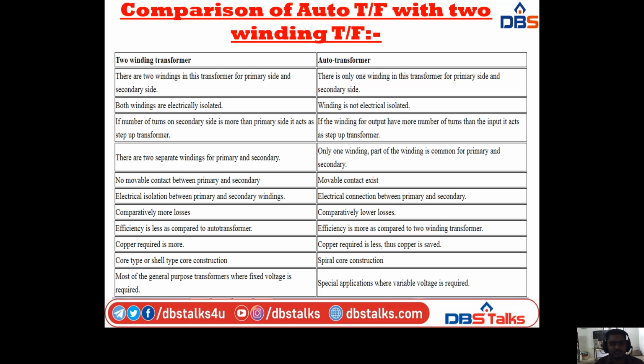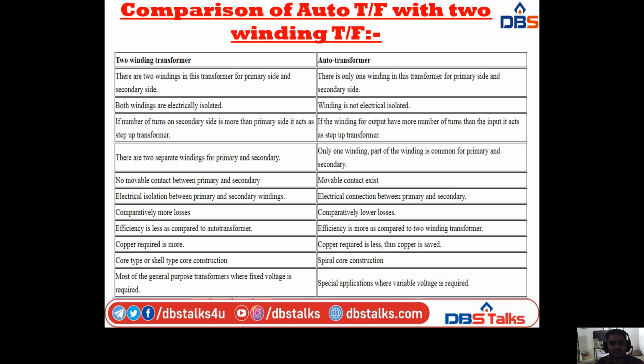And in the two winding transformer, there are two separate windings for primary and secondary, but in the auto transformer there is only one winding, part of which is common for primary and secondary.